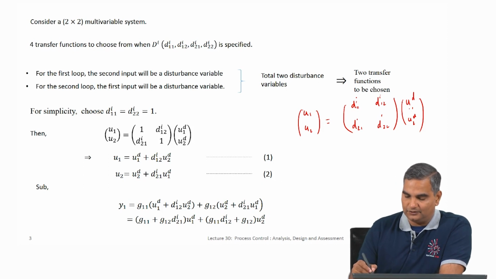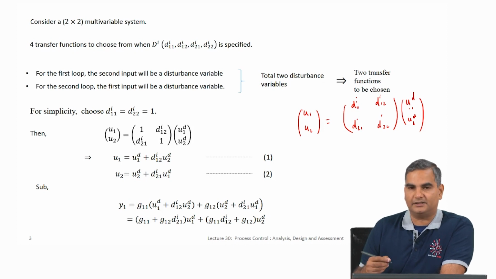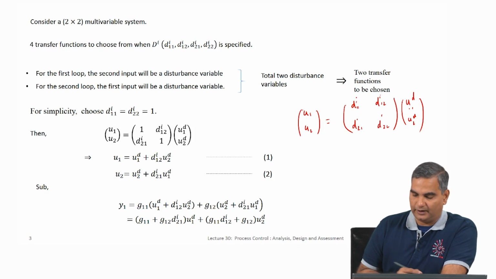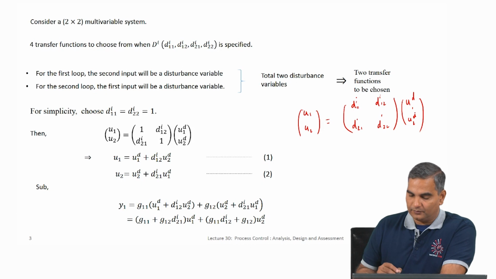So, since I have these two, I am going to take a linear combination of these two, in a particular way that makes it useful for us. Okay. So, typically u1 will be Di 1 1 u1d plus Di 1 2 u2d, and u2 is simple matrix multiplication.